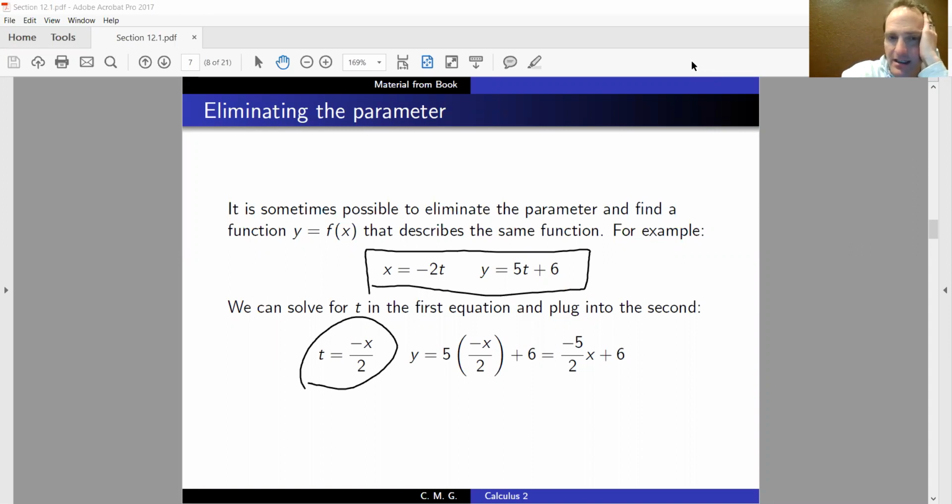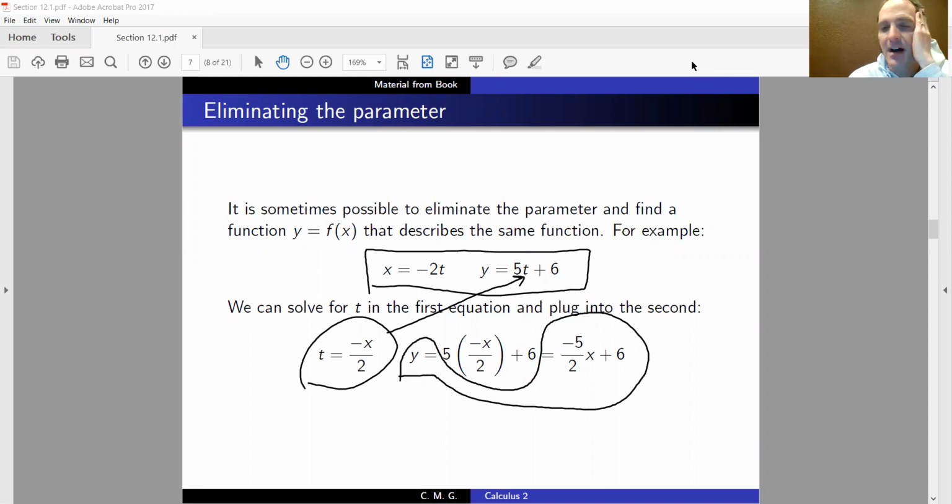That's the easiest to do. I get t is negative x over 2. I plug that t into the second equation and replace t with it. And that's going to give me y as some function of x. So y is negative 5 halves x plus 6. So this parametric equation here is describing a line, slope of negative 5 halves, y-intercept of 6.